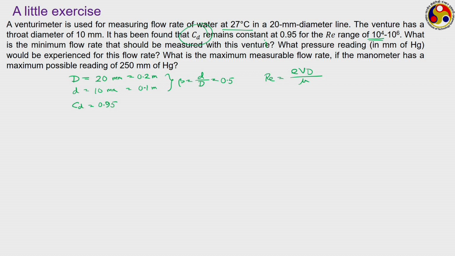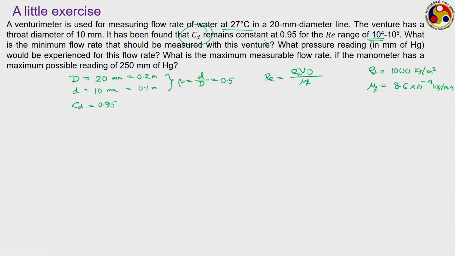Now, property values we need, which I have not provided in this particular problem, but I have made a note of. In this particular case, density we are going to take as 1000 kg per meter cube, and mu, that is viscosity for the fluid, that is water, we are going to take as 8.6 into 10 to the power -4 Pascal second or kg per meter second, which is the standard SI unit.